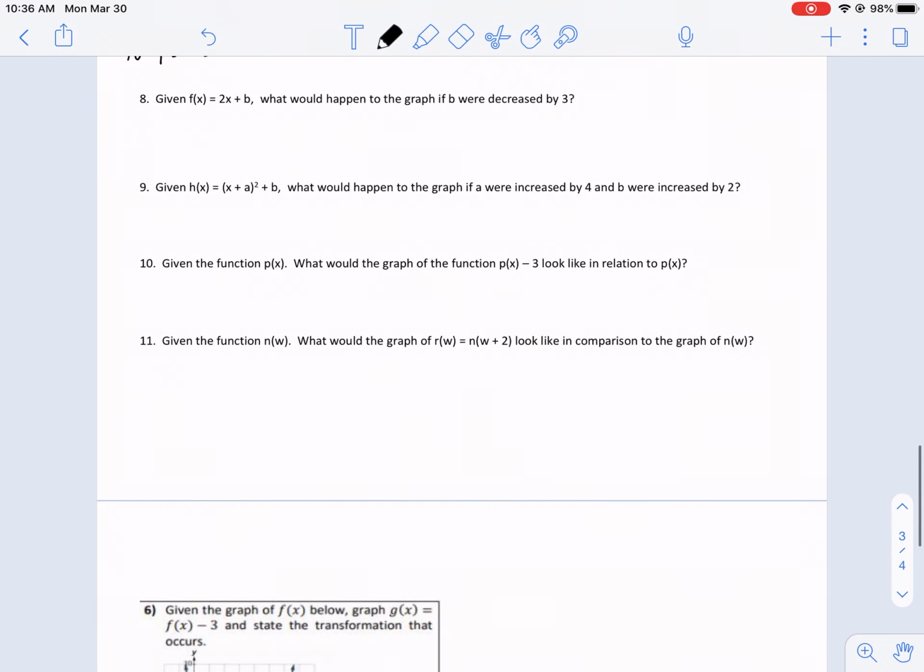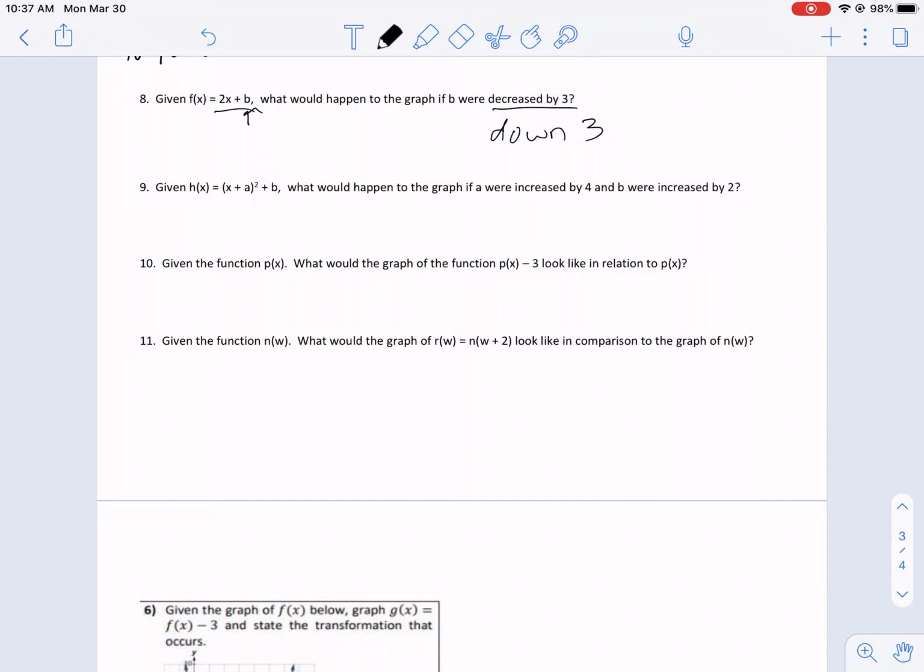All right, number 8. Given some mystery function, what would happen if b were decreased by 3? Since b is not touching the x, that means it's a vertical shift. Verticals go the way they say, so that's a shift down 3.